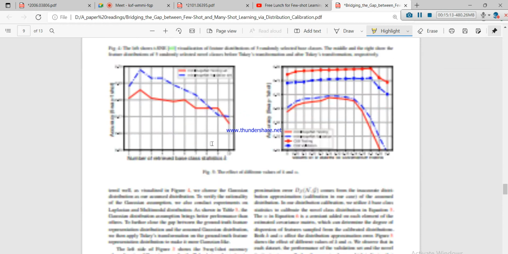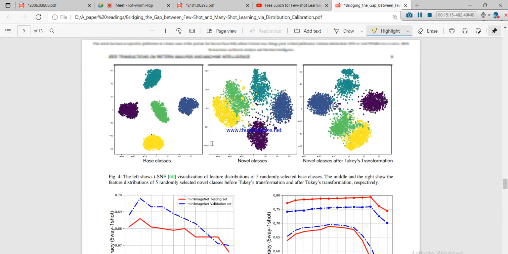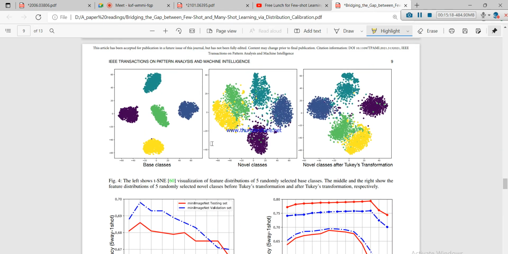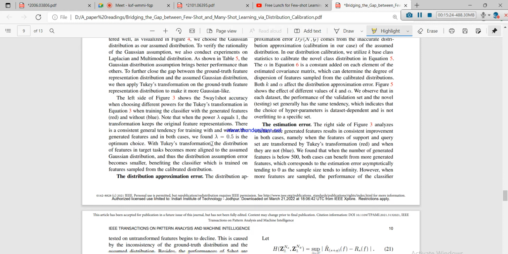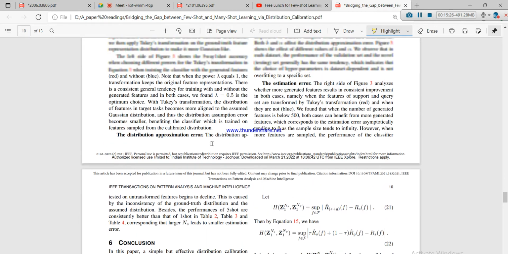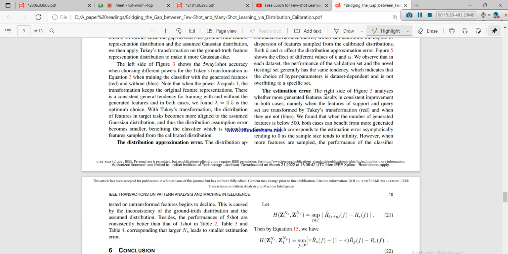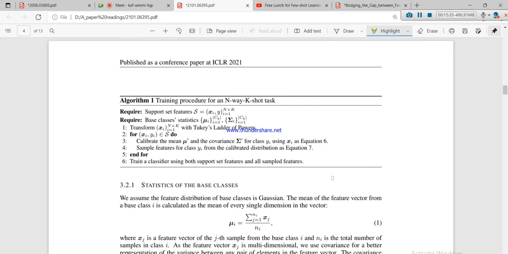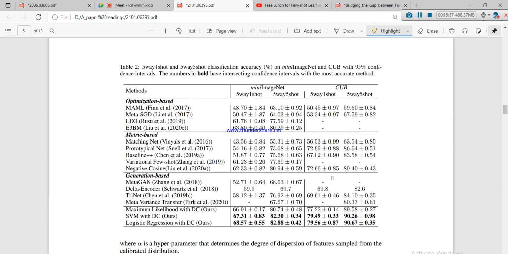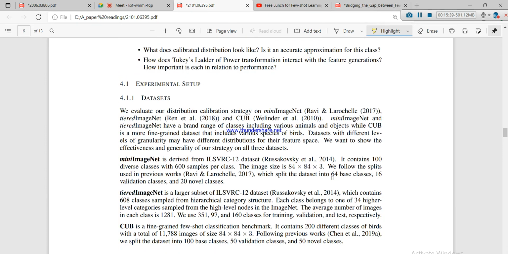Here also these things are similar, and here they have shown some differences between those classes. Here they have also included an estimation error, because in the previous paper, after the main approach, there wasn't an estimation error.